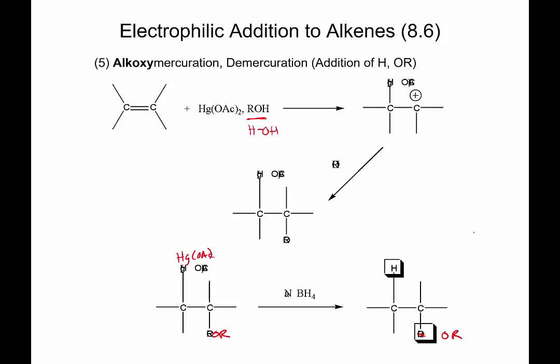But let's say I specifically wanted to add the H and the OH Markovnikov and trans. Now I can do that. So there's two more reactions I need. I need to add anti-Markovnikov H and OH, which I'll get to. And then could I add it cis or trans? 100%.